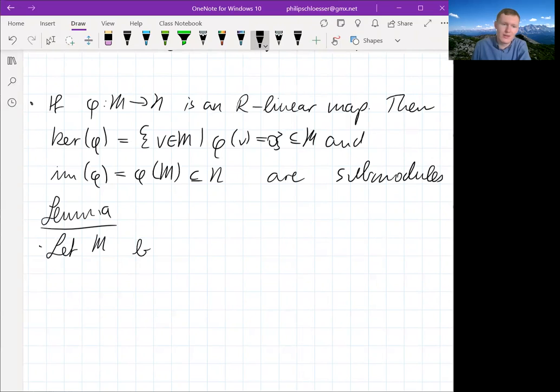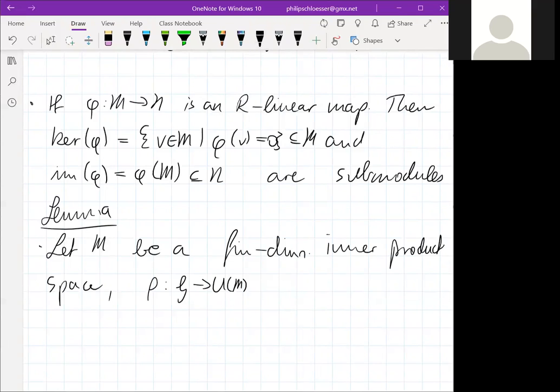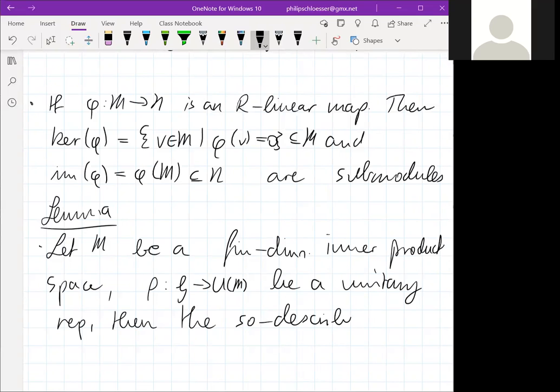So if M is a finite dimensional inner product space, so that you can talk about unitarity, and rho from G to U(M) is a unitary representation, then the so described CG module M is decomposable.